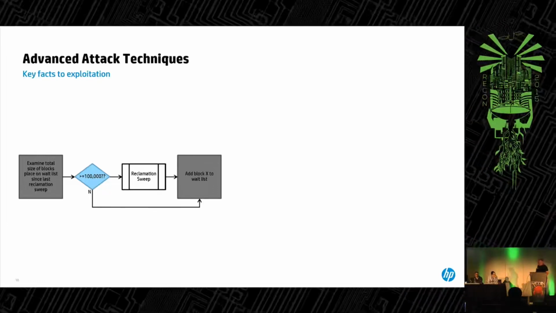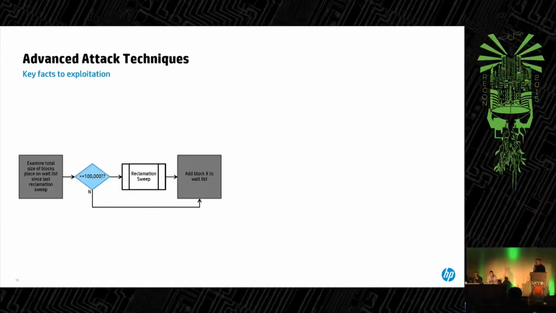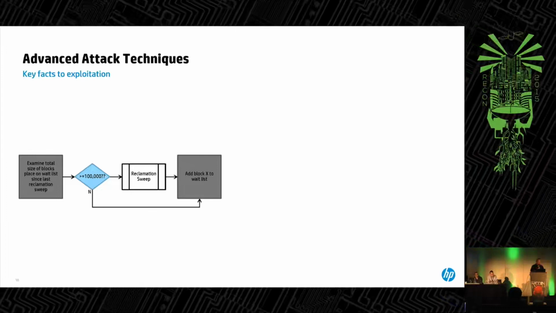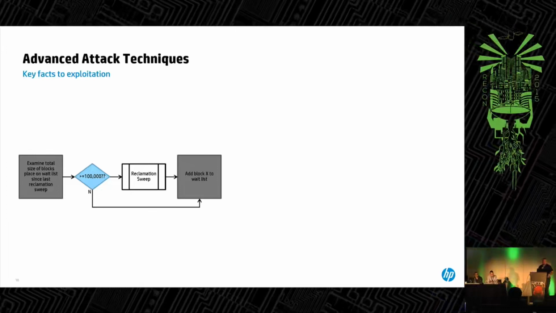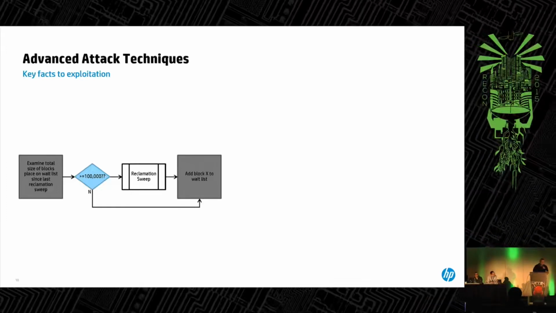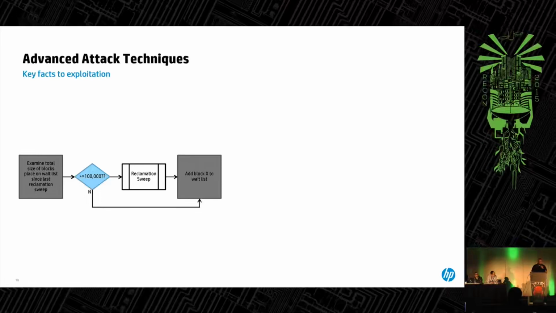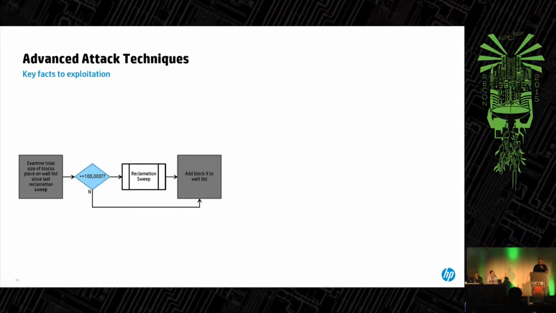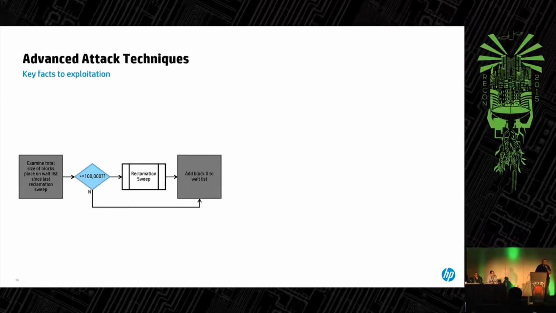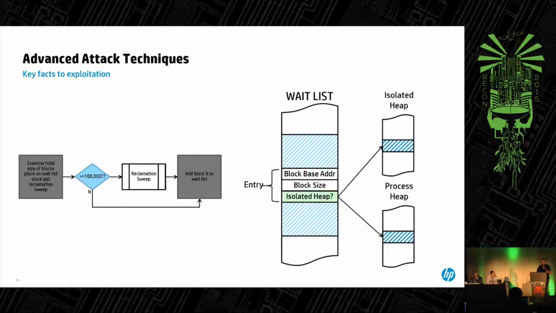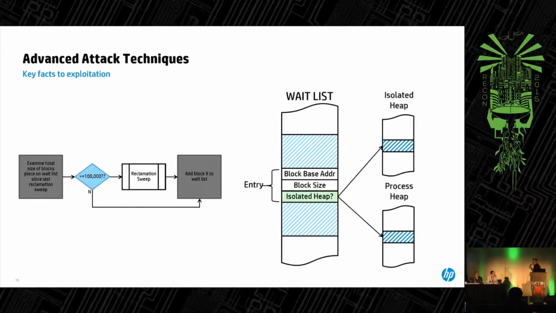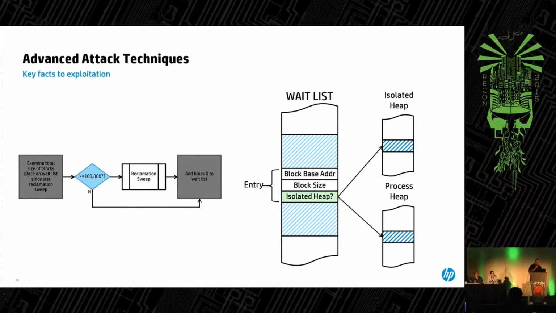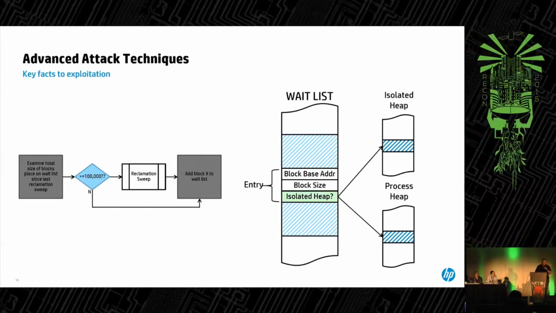So when you call protected free on a block at address A, it will definitely not be reclaimed on that call, but it will definitely be on the wait list when the call is complete. So we're going to leverage that fact to organize our calls in a way that will guarantee that we deallocate a block that we want to use in a use after free. We're also going to rely on the fact that it doesn't matter which heap the object is on, it could be on the isolated heap or the process heap.